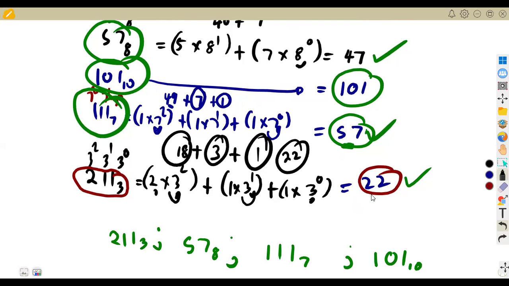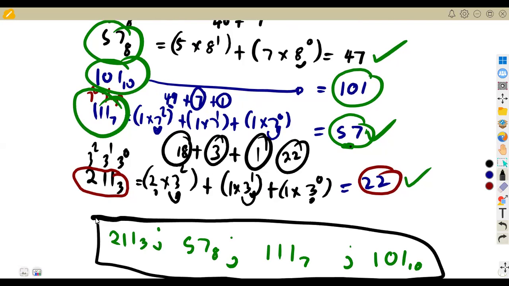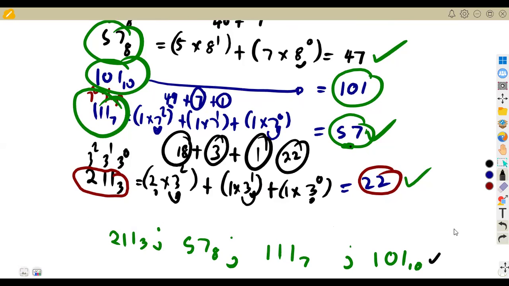So these are the numbers. This one corresponds to this: 47 to 57 base 8, then 57 to 111 base 7, and 101 to 101 base 10. So that is the order of size, starting with the smallest up to the largest value.